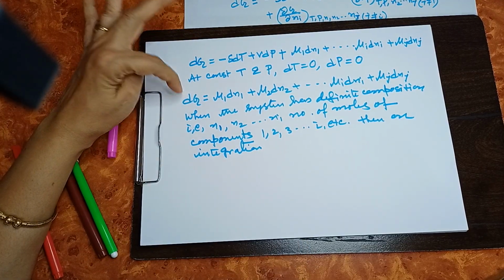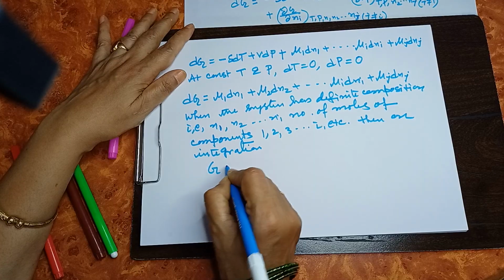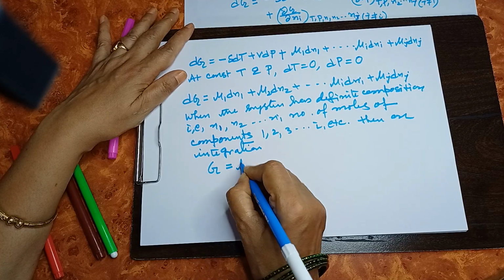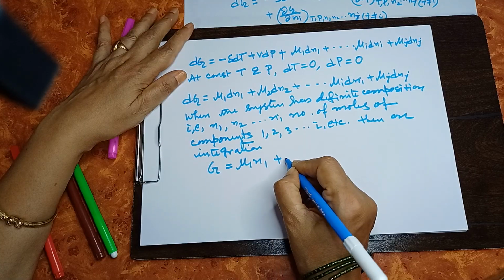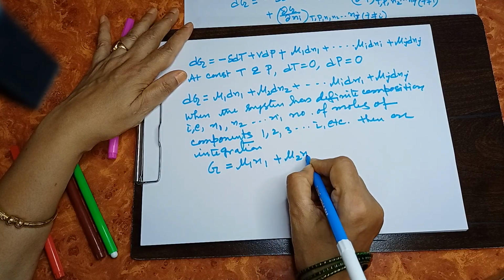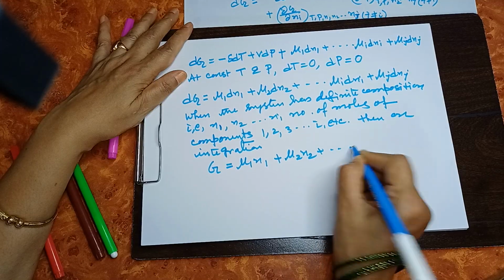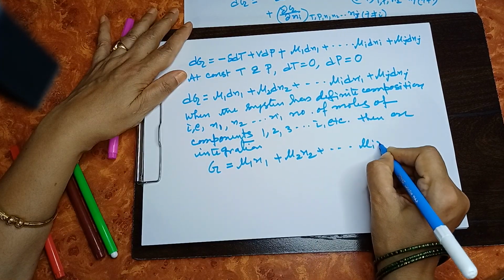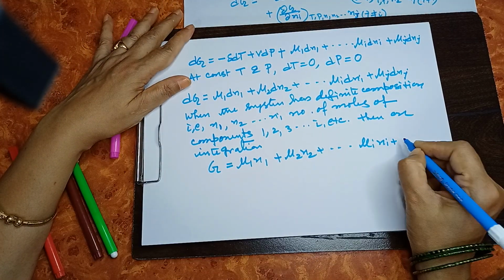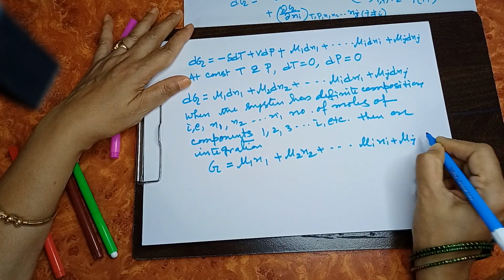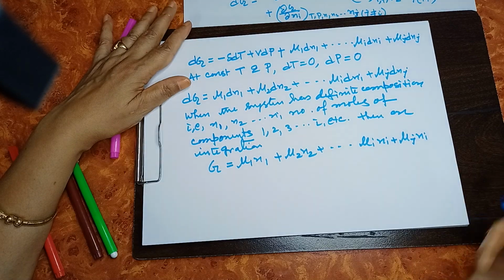Integration of this equation: G will be equal to mu1 n1 plus mu2 n2 plus dot dot, say mu i n i, plus mu j n j.